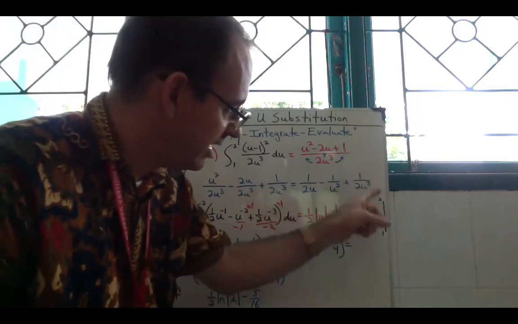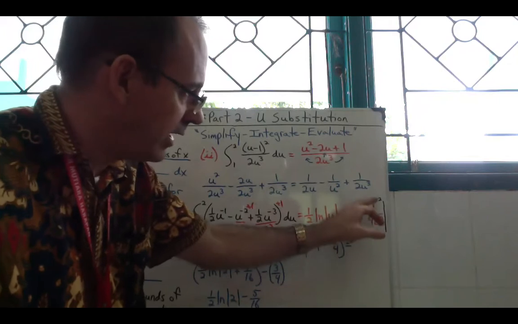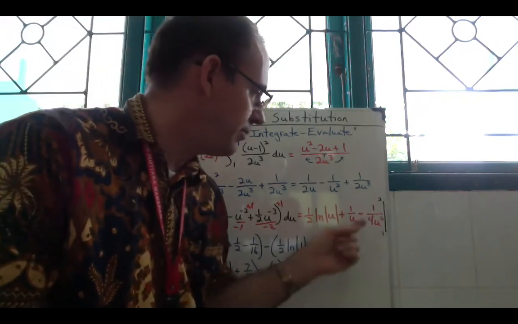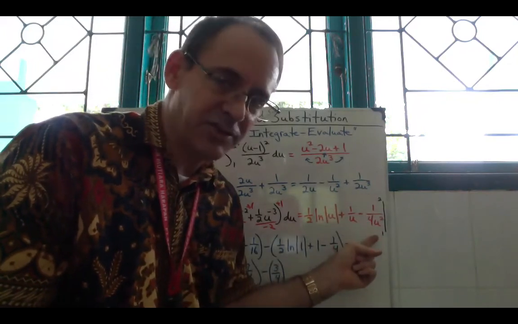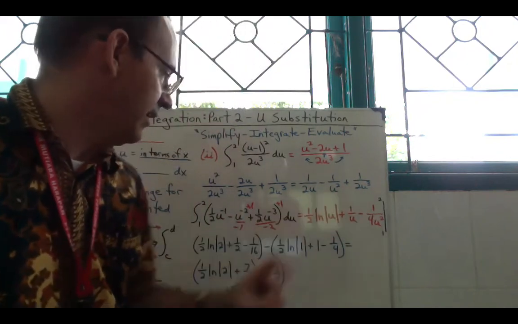Then when we get to the end, we're going to evaluate it for our bounds of integration from 1 to 2. And remember that you do the top minus the bottom. So we plug in our 2.